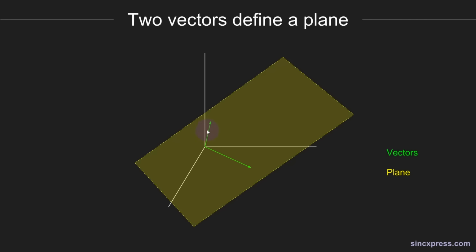Of course, it depends on which values you pick for the scalars for this vector and this vector. And if you would take lots and lots of random combinations of these two vectors, so basically you multiply this vector by a scalar and add it to this vector times some scalar, you would find, amazingly enough, that all of the points that can be reached by these two vectors would form a plane.